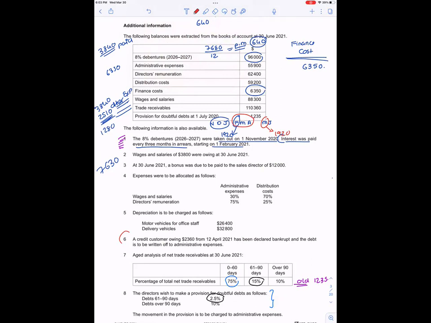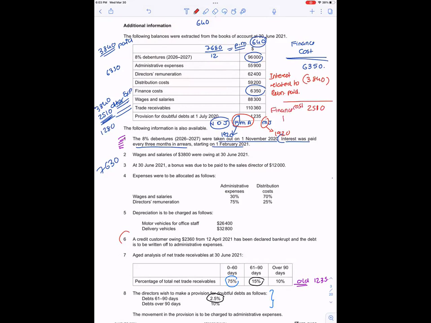So totally, interest related to debentures that I have paid is 1920 plus 1920, coming to 3840. So if I minus from expense paid, 6350 minus 3840, 2510 is finance cost for something else.